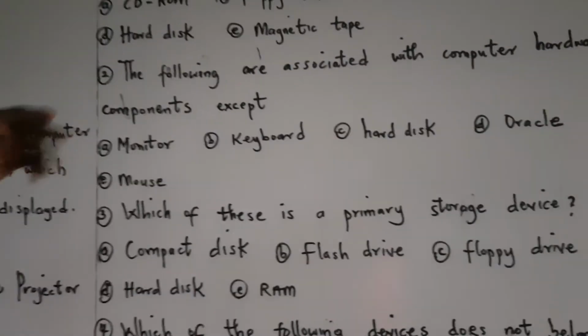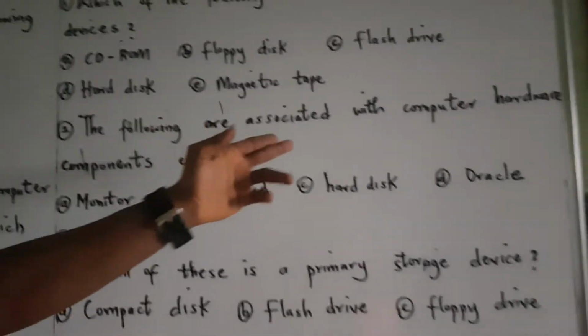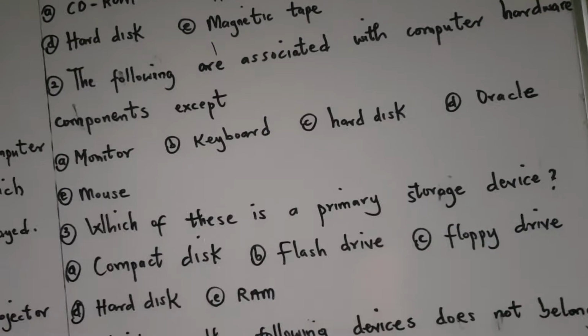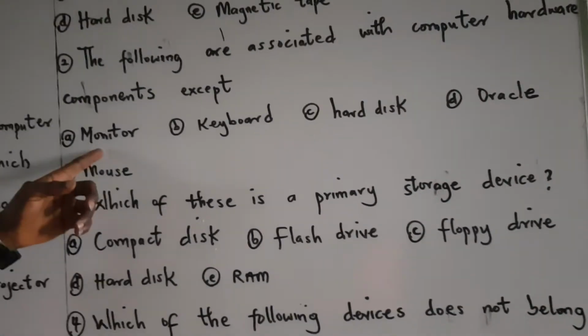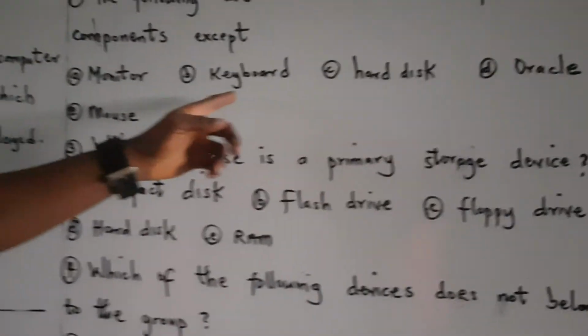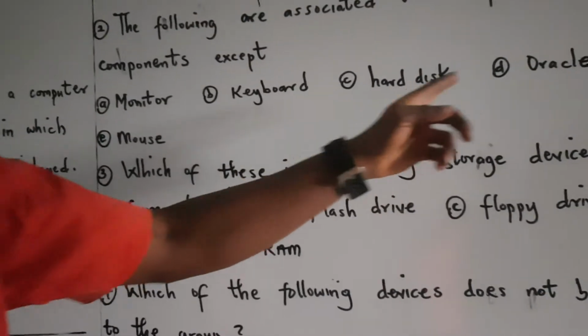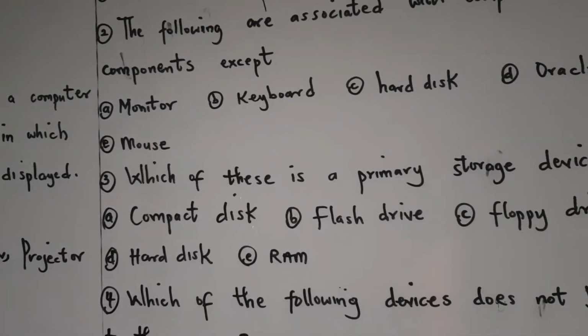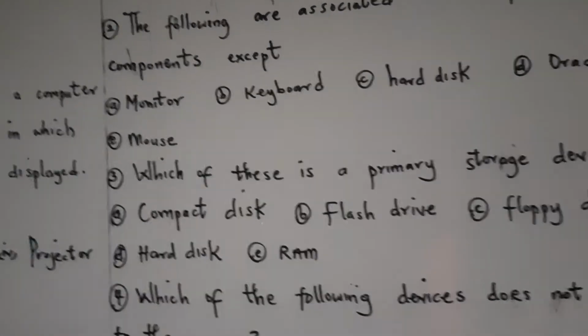Then number 2 says, the following are associated with computer hardware components except A, monitor, B, keyboard, C, hard disk, D, Oracle, E, mouse. Now, if you look at the table here, for the option on the board, we have them here as our hardware components.